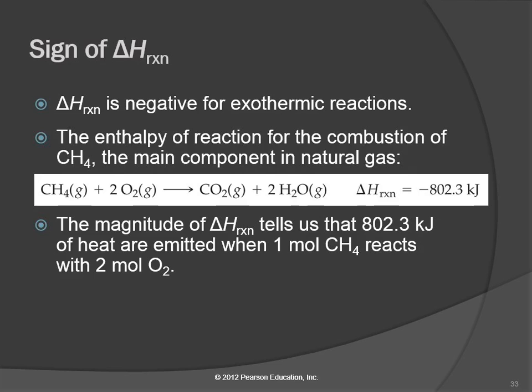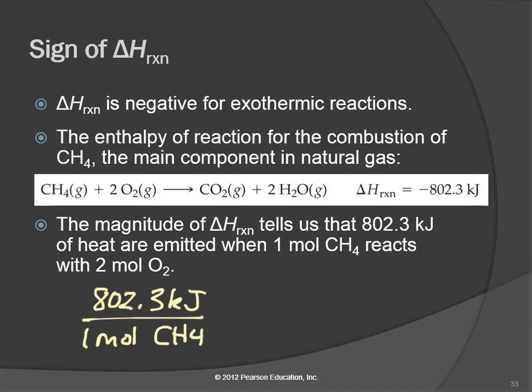So we could write that as a conversion factor. So we could say we've got 802.3 kilojoules per 1 mole methane. Or we could say that we get 2 moles of water for every 802.3 kilojoules that are given off.